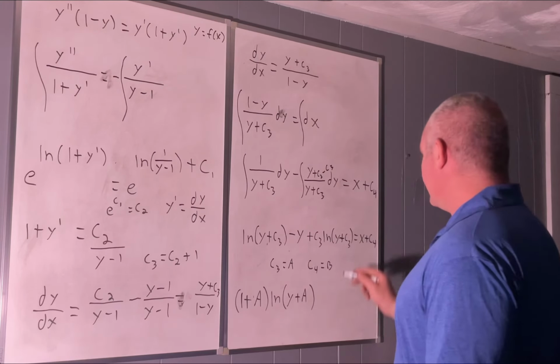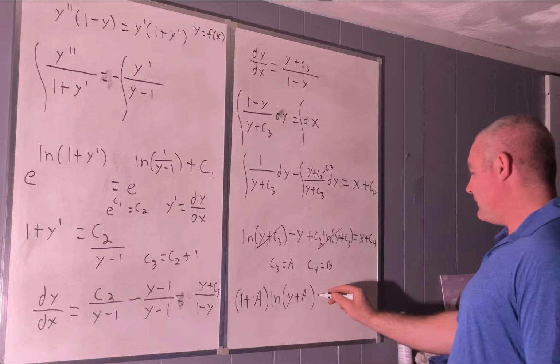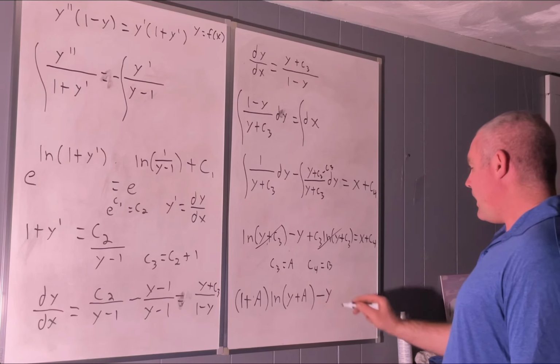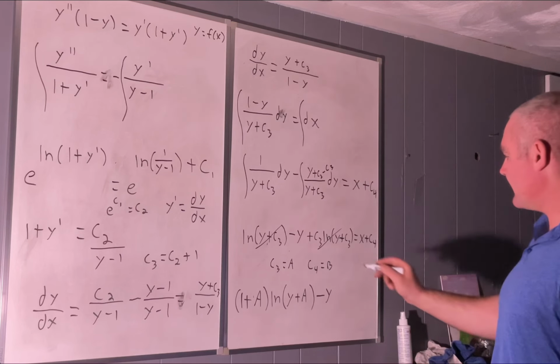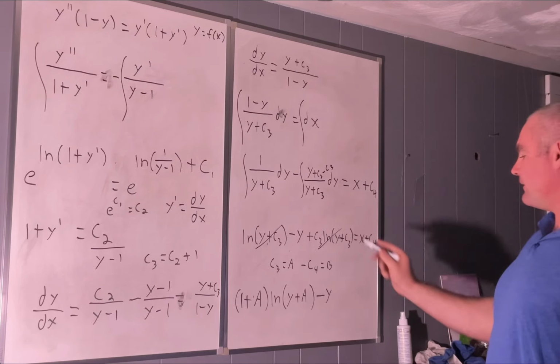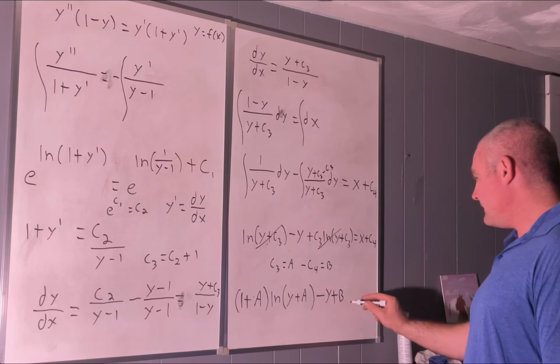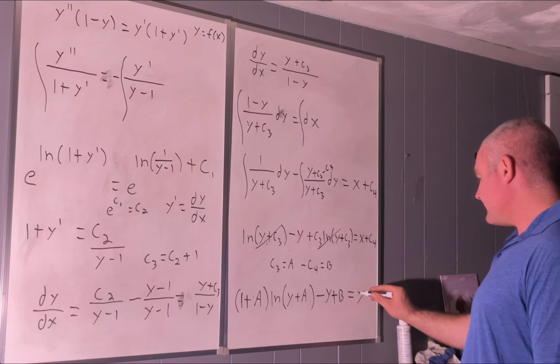So we've taken care of that. So now we have minus y. And in fact, I'm going to let b equal negative c4. So we can bring this c4 to the other side and add it as a constant b, and that will be equal to x.